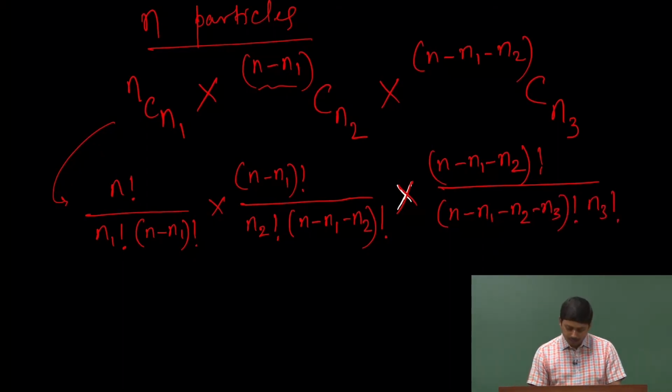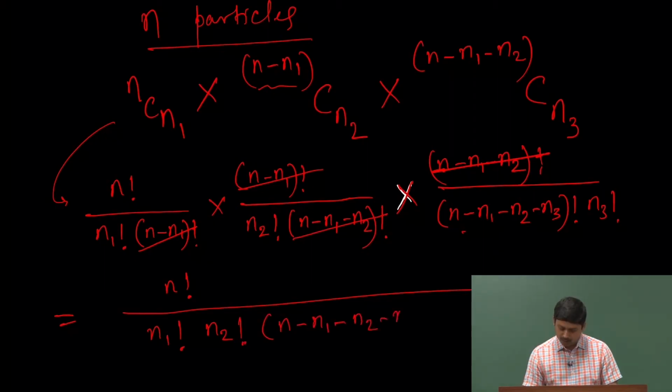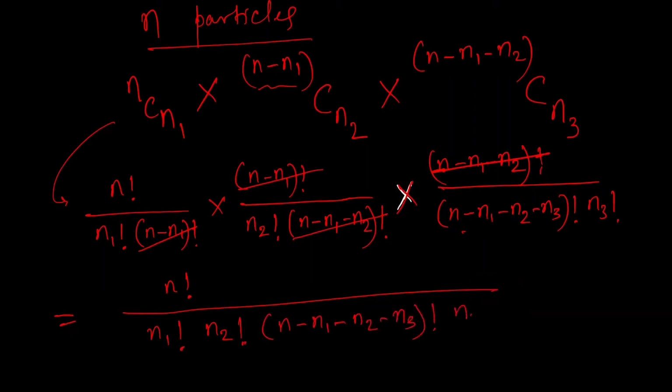So now what is going to happen is that (n − n1)! cancels, and the (n − n1 − n2)! part also cancels, leaving me with n! divided by n1! n2! and these two quantities, which are (n − n1 − n2 − n3)! and n3!.